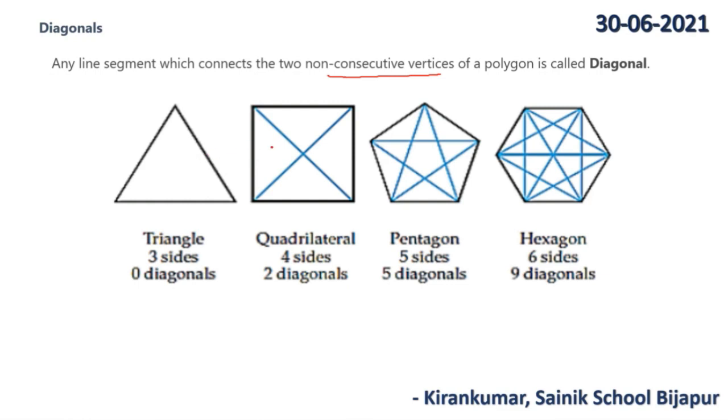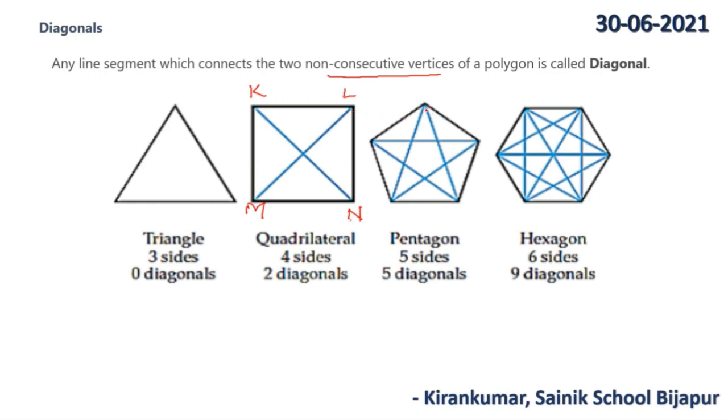Whereas in a quadrilateral, there will be 2 sets of non-consecutive vertices. If I name this KLMN, K is opposite of N. K and N are non-consecutive vertices. M and L are non-consecutive vertices or opposite vertices.